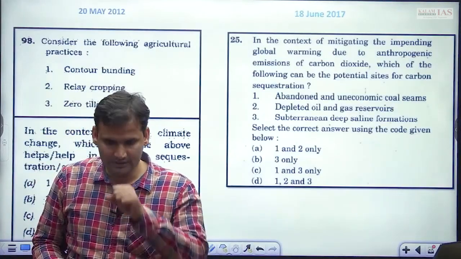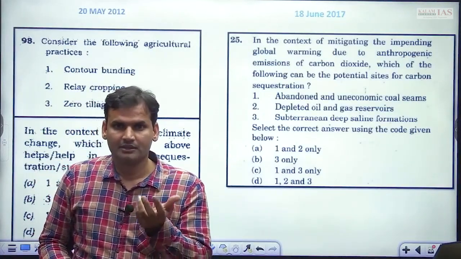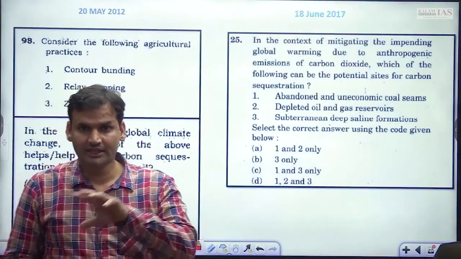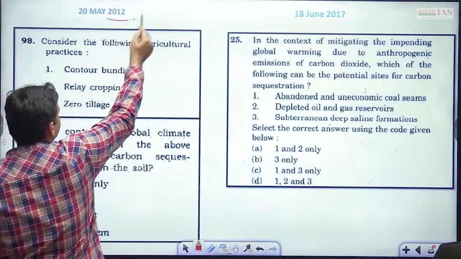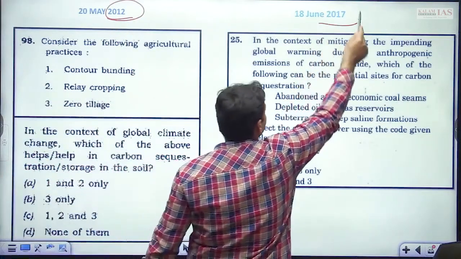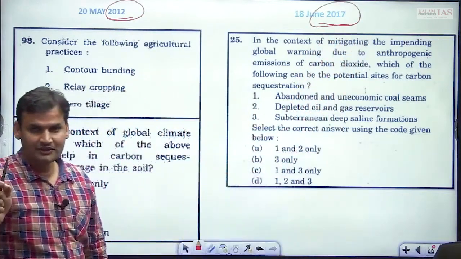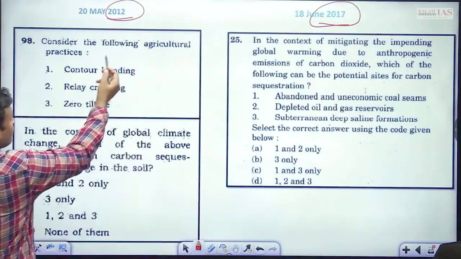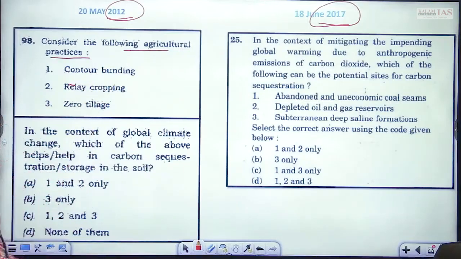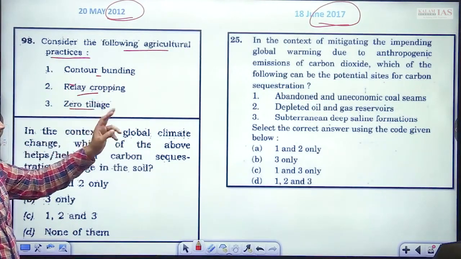And at the end of the session, we will see that knowledge is not enough. We have to practice also, right? In the year 2012 or be it 2017, carbon sequestration पे there were direct questions like, consider the following agricultural practices: contour bunding, relay cropping, zero tillage.